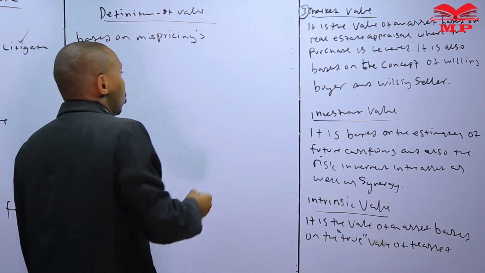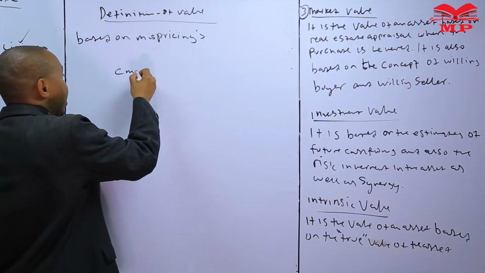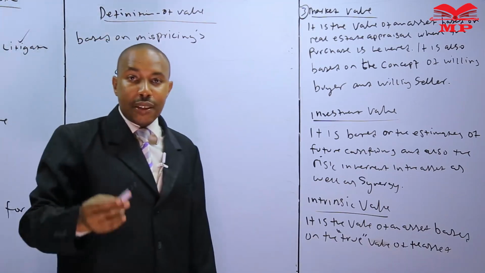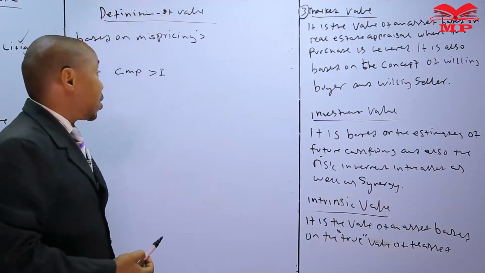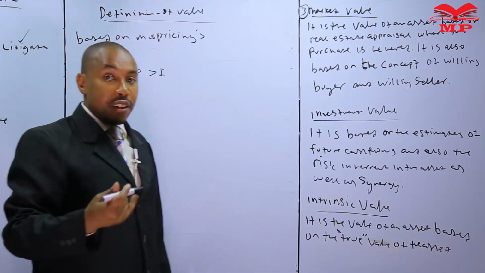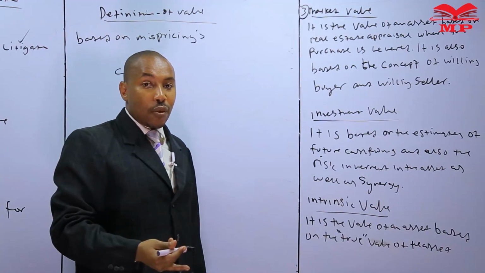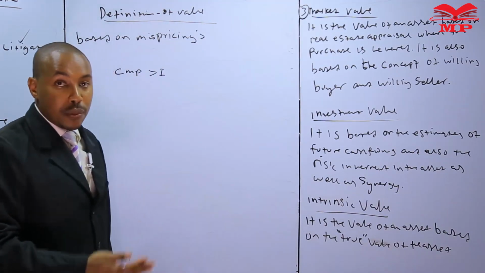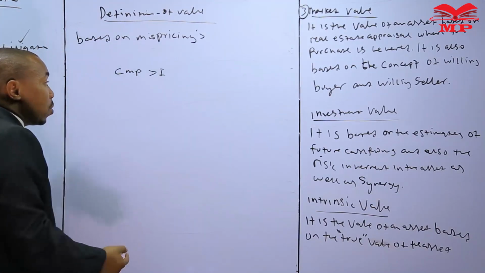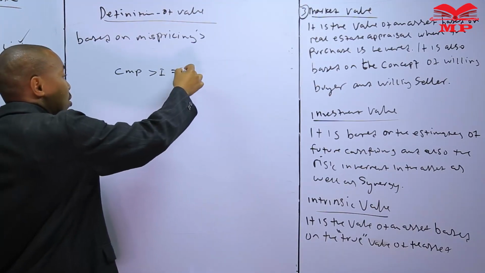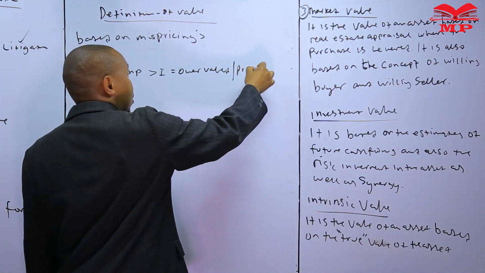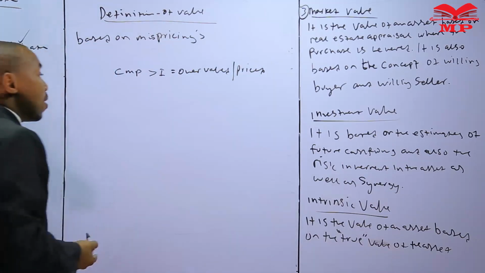Based on mispricings. So we are saying if the current market price is greater than the intrinsic value, the current market price being the price yielded by the NSE, the Nairobi Securities Exchange, and this intrinsic value being the value based on either the dividend discount model, the free cash flow valuation, or even price multiples, including the residual income, then you're saying that the security or the asset is overvalued, overpriced.